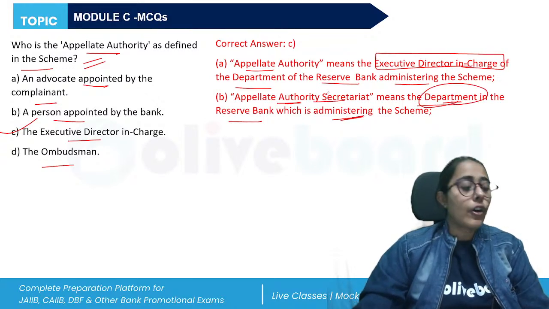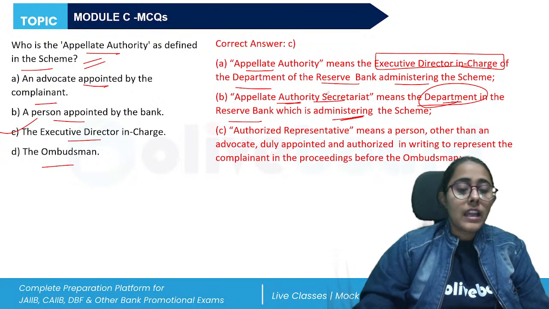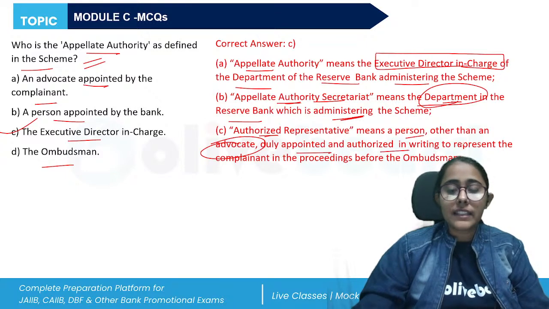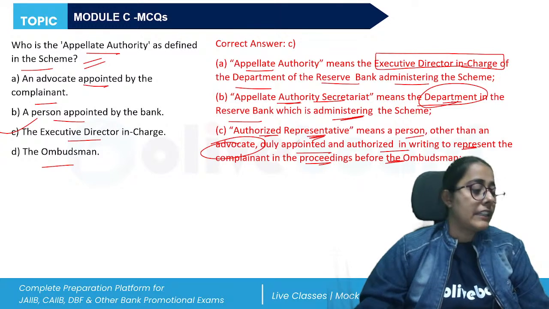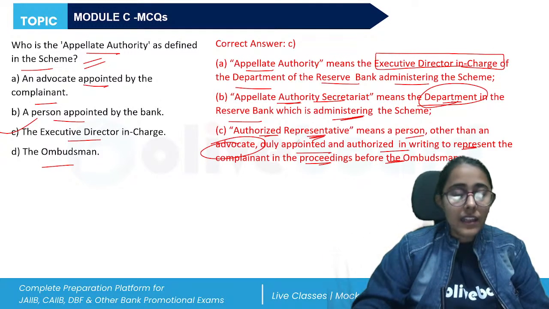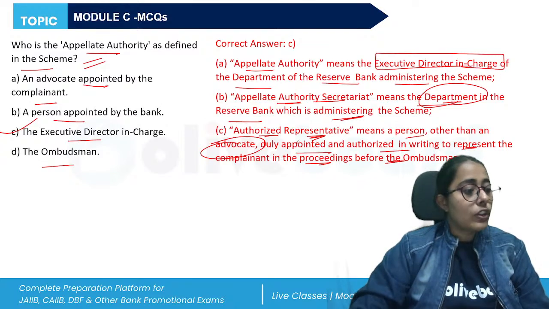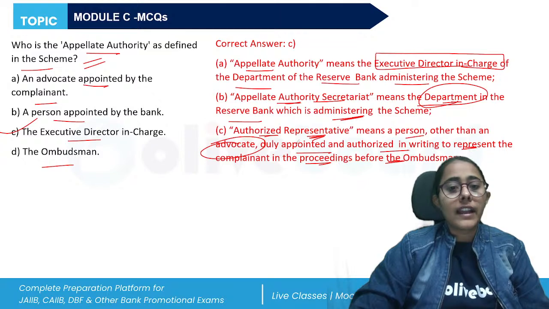The authorized representative will be a person other than an advocate that is duly appointed and authorized in writing to represent the complainant in the proceedings before the ombudsman. In any case that is to be presented before the ombudsman, in those proceedings the complainant will be represented by the authorized representative.